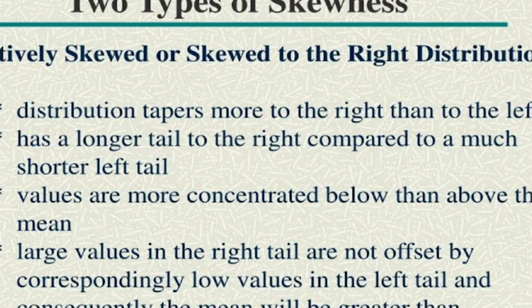We have the positively skewed or skewed to the right distribution. The distribution tapers more to the right than to the left, and it has a longer tail to the right compared to a much shorter left tail. Values are more concentrated below than above the mean, and there are large values in the right tail that are not offset by correspondingly low values in the left tail, and consequently the mean will be greater than the median.